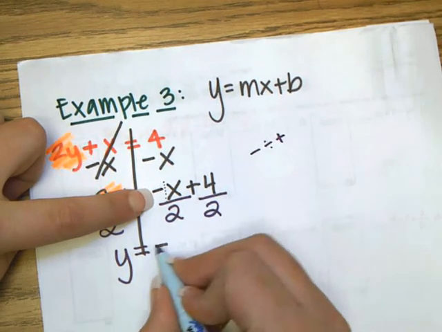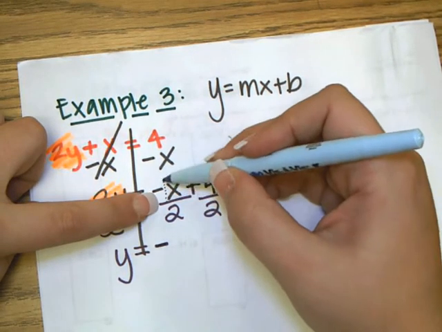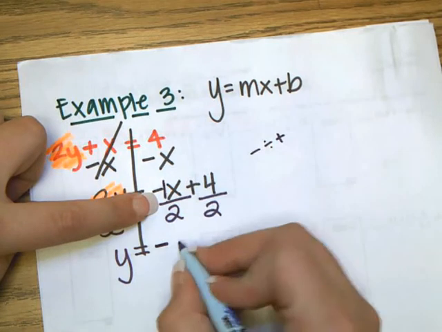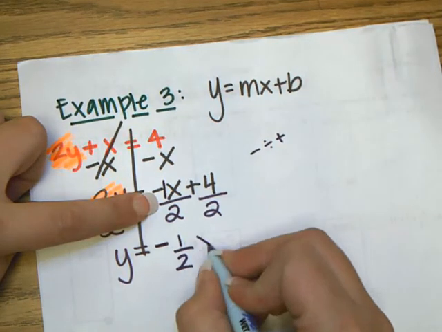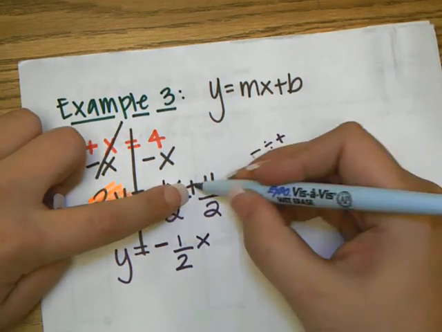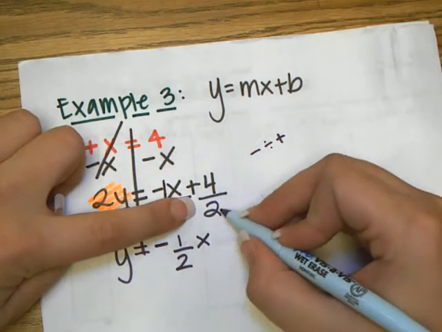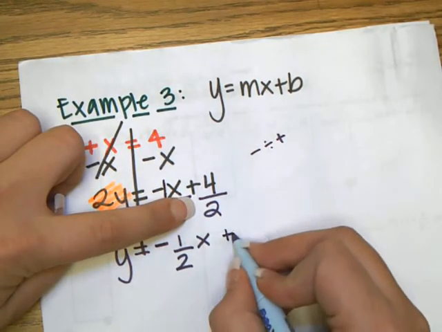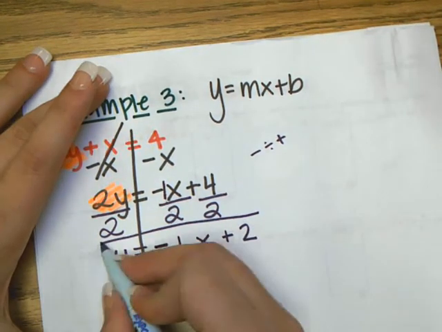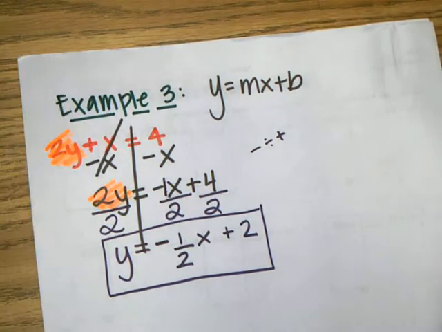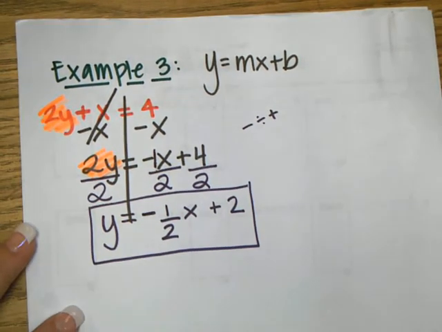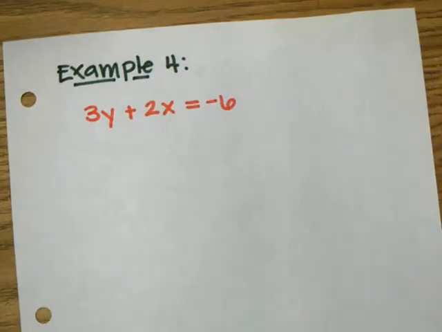A negative divided by a positive is a negative. And 2 can't go into 1, so we're going to leave it as 1/2 x. And then a positive 4 divided by a positive 2 is positive 2. So now we have written the equation in slope-intercept form.